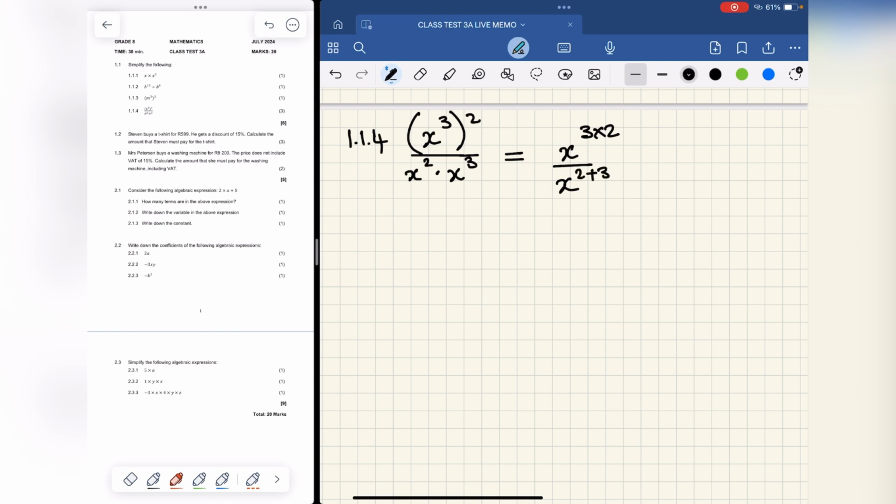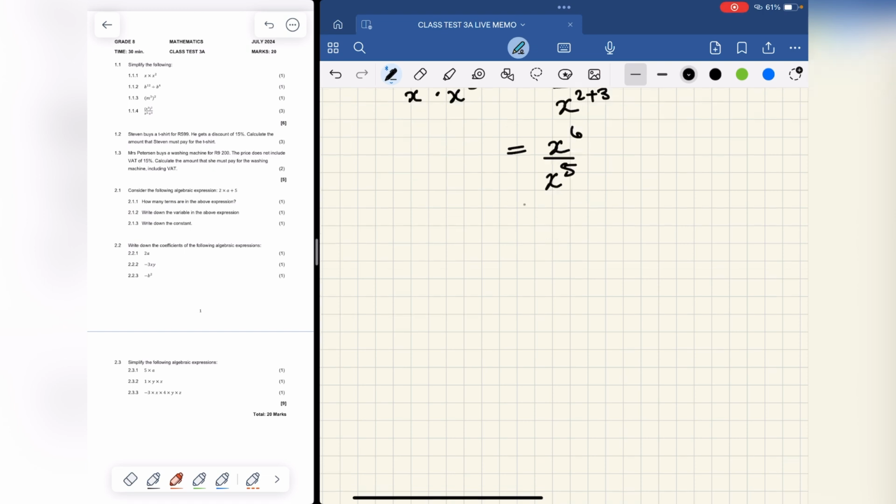And then, if I simplify the numerator, it will be x to the power of 6, and in my denominator it will be x to the power of 5. And once again, at this stage, some of you are still forgetting to divide.